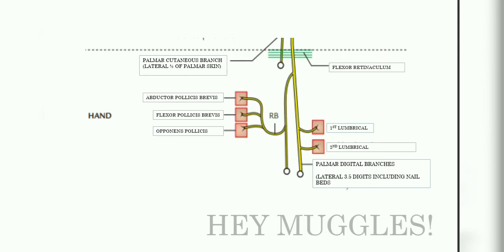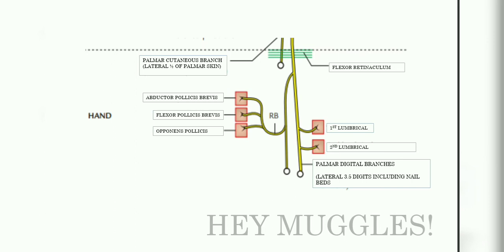Before entering the palm, it gives a palmar cutaneous branch which supplies the lateral half of your palmar skin, right?